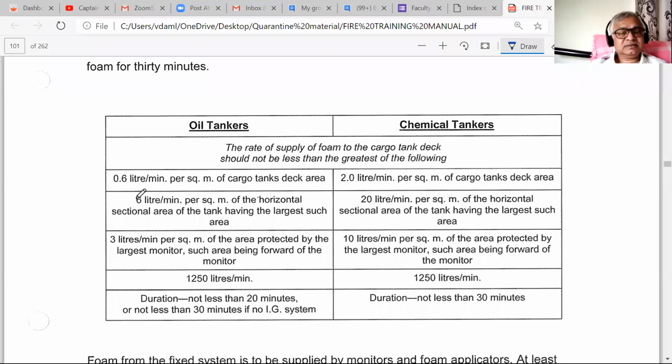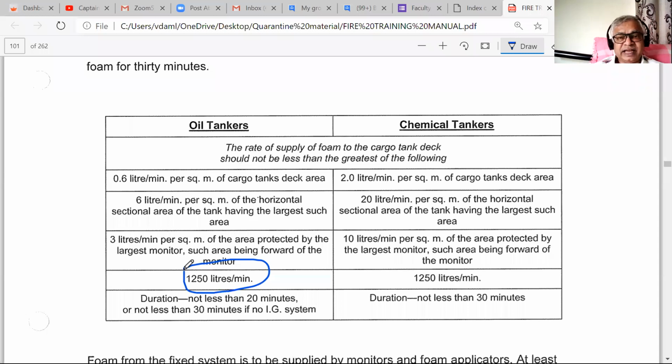Various rates are there. You should know a little bit about them. Certain important things you should know. You should be able to deliver 1250 liters per minute. How do you get these foams? They are much simpler. These foams have one chemical tank, and the other is the water pump discharge.